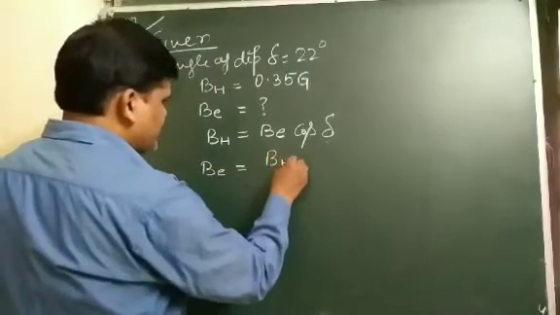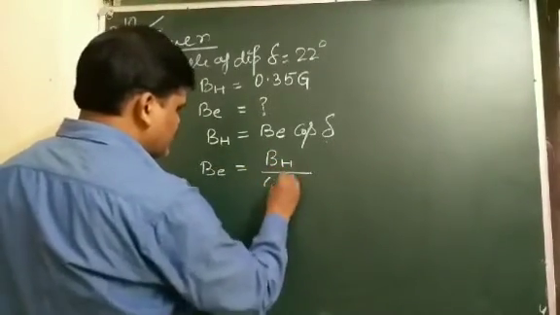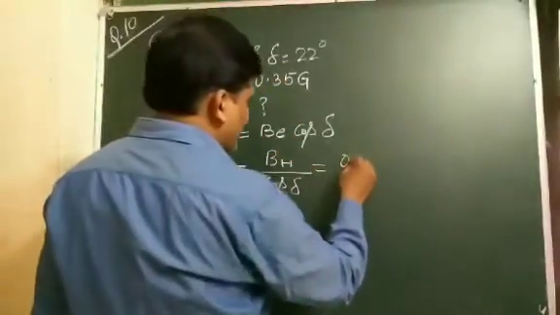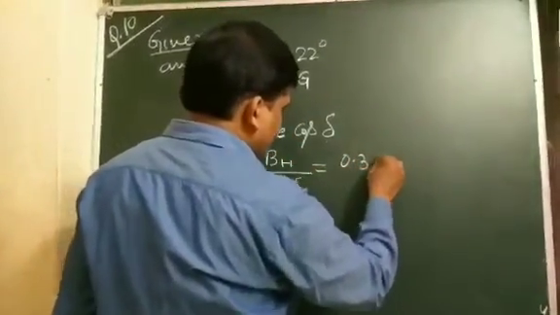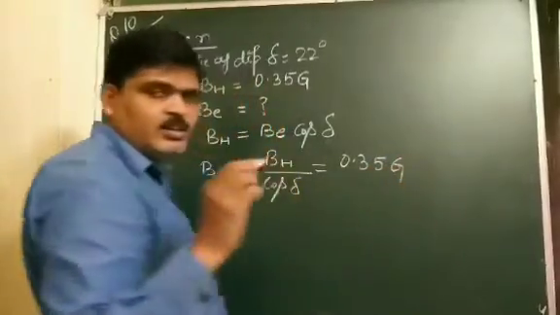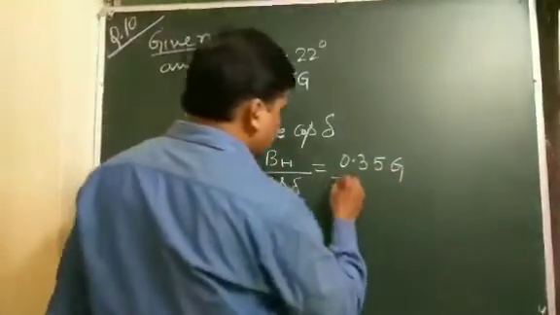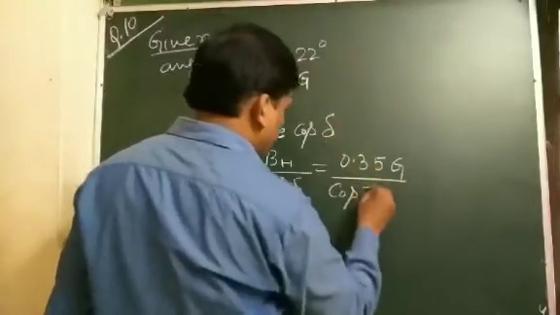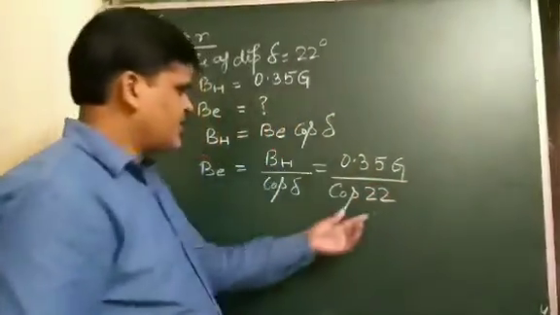So BE equals BH by cos delta, and BH is 0.35 G, where 1 Gauss is 10^-4 Tesla, and here cos 22 degree.